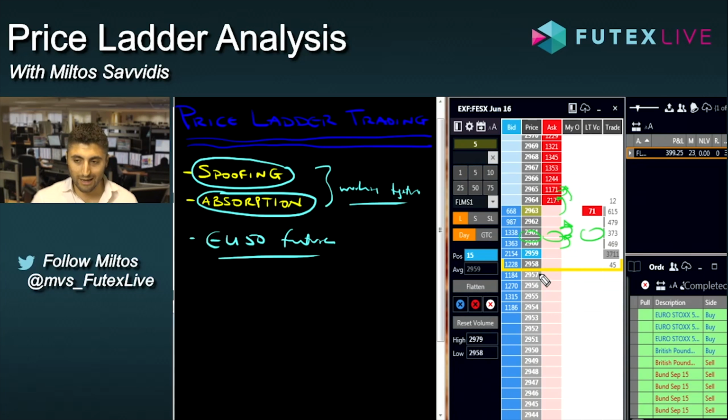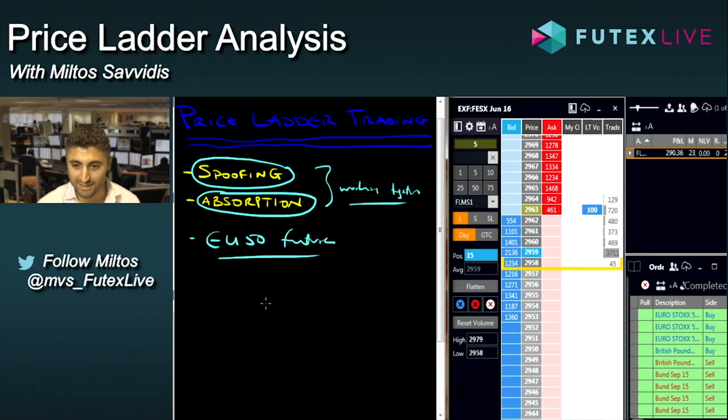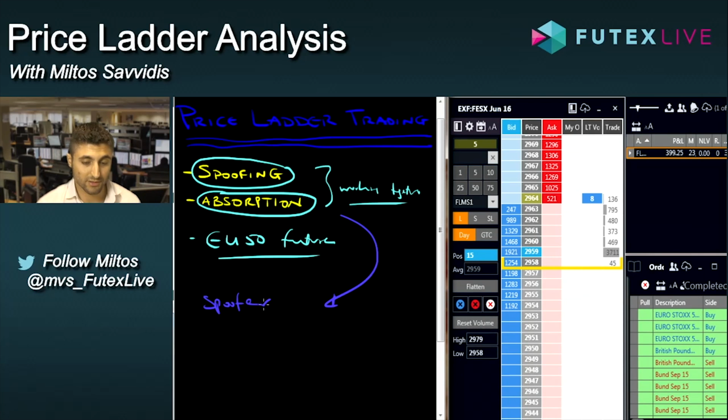Now, we don't actually know what the strategy behind this is, if it's a short-term or long-term strategy. But what we can say from what we've just seen is that someone's come in, spoofed around 60s and 61s, absorbed everything at 59s, and now it's trading at 63s. So we're seeing, as we were saying before, if we had to put this into some sort of progression, a spoofer comes into the market, then we see people front run him.